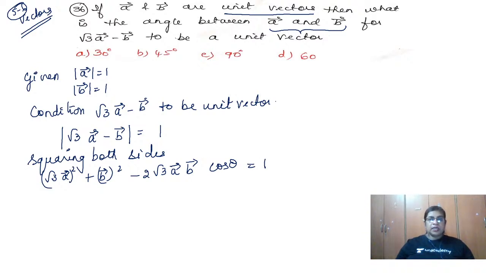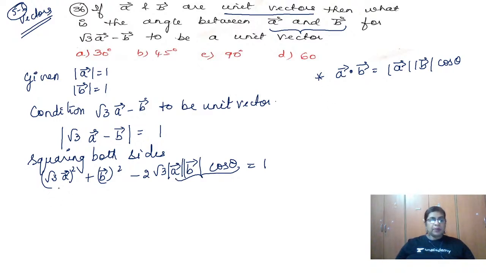Here it is nothing but A dot B which I am getting, and what is the formula for A dot B? A dot B is equal to magnitude A, magnitude B into cos theta, and that is what I had substituted here. Whenever we write square in vectors we write magnitude square.